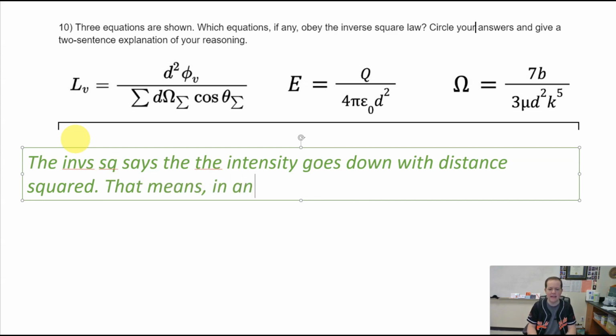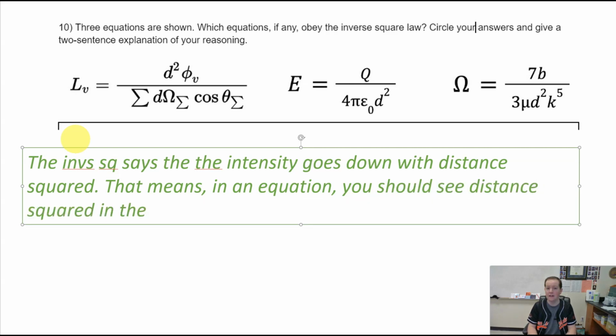That means in an equation, you should see distance squared in the denominator, in the bottom. Well, what equations have distance squared in the denominator? Remember, this is my relationship, 1 over d squared. This is saying distance squared is in the bottom of the fraction, right here.